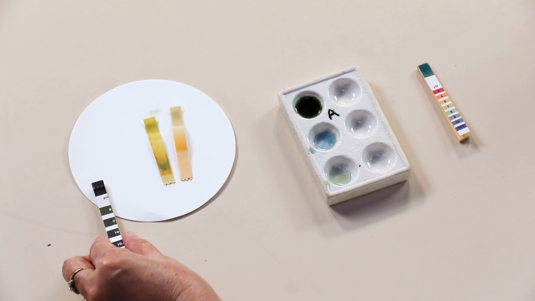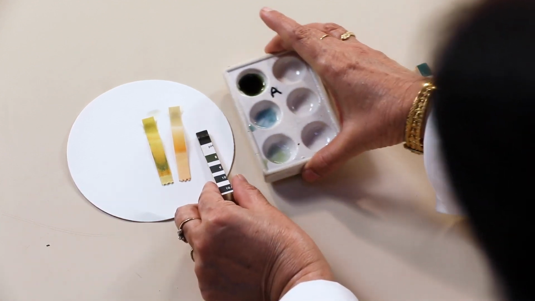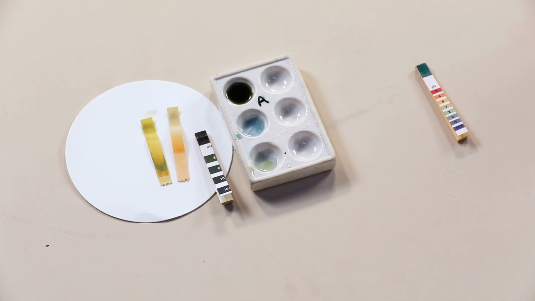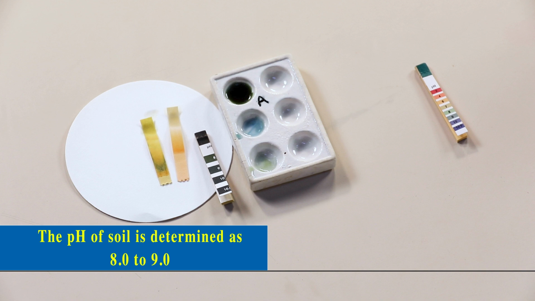If we compare the color in the first cavity as well as the pH paper strip, we can find out that the pH of this soil sample solution A ranges between 8 to 9.